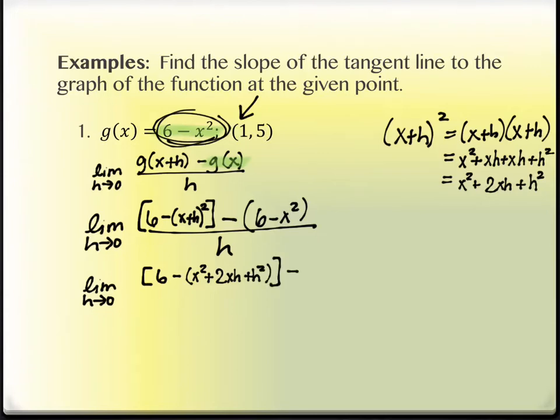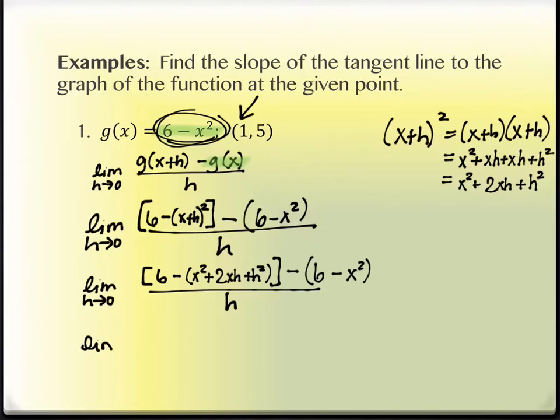And then I have minus. If you want to go ahead and distribute this through, you can. I'm just going to leave it like it is because there's something really nice that's going to happen, and I'd like to be able to see it a little bit easier with it written this way over h. Okay, so your choice if you want to distribute the negative, it doesn't matter. You can if you wish. The negative right here, though, now, we are going to distribute that through.